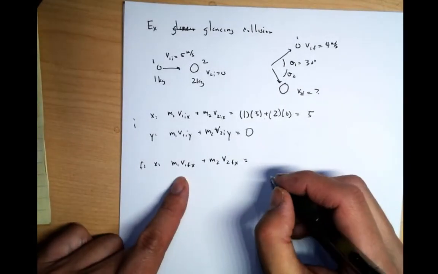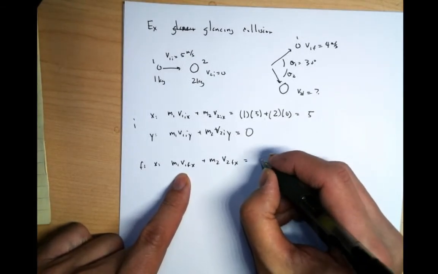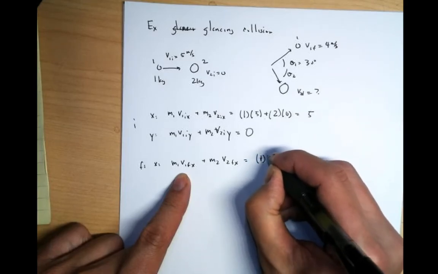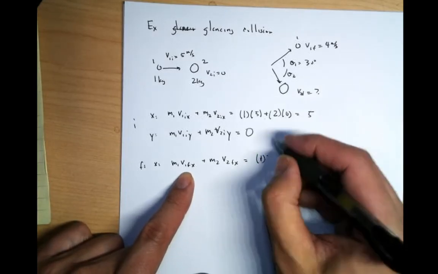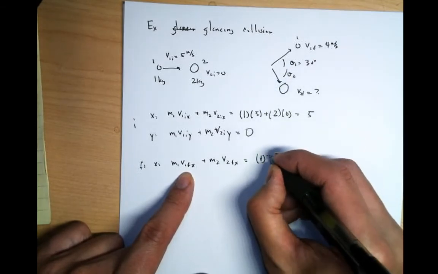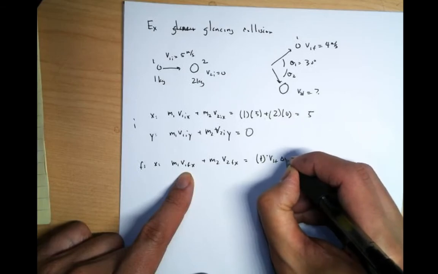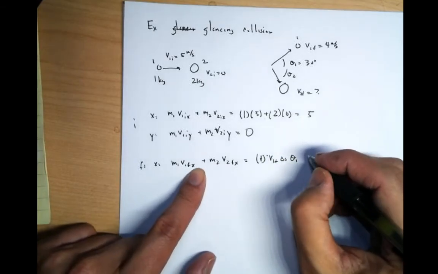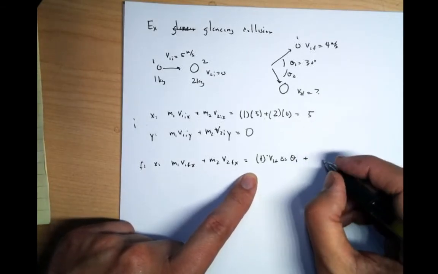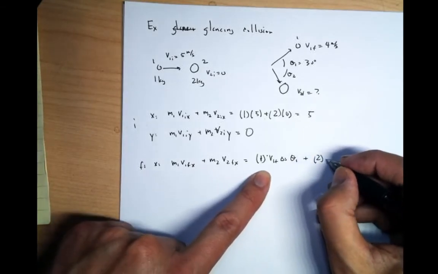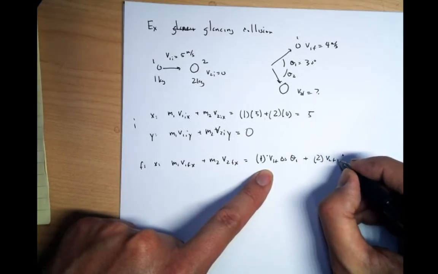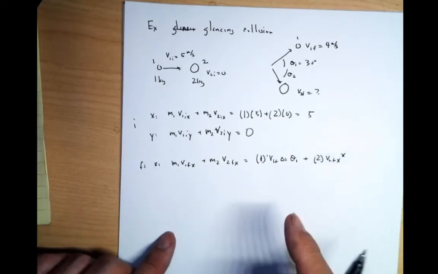This is equal to m1, which is 1, times v1fx, which is just going to be the cosine of this one, so it's v1f cosine of theta 1, plus now this is going to be 2 times v2f. Well, for v2f, I'll keep it simple like this, right?